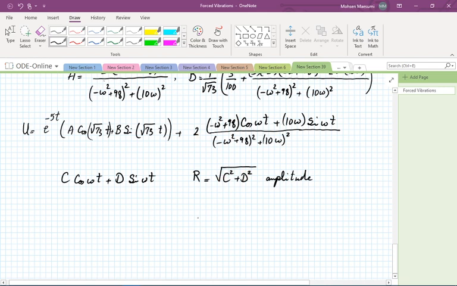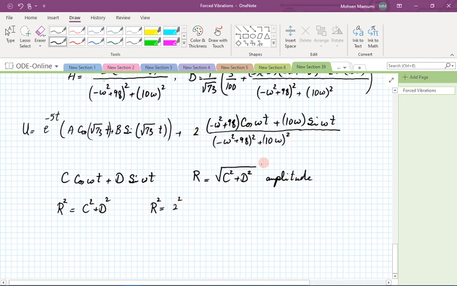To make my writing a bit easier, I'll write R squared. R squared is just C squared plus D squared. So I wouldn't be putting a huge square root on top of my formulas, and that makes things a bit more manageable. So what is R squared going to be? I have a factor of 2 here, which is going to be 2 squared.